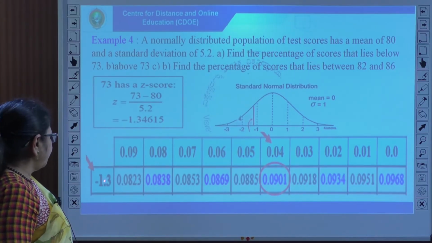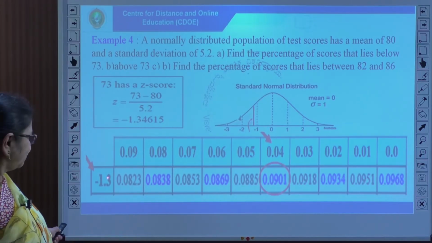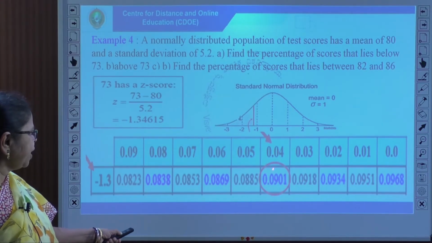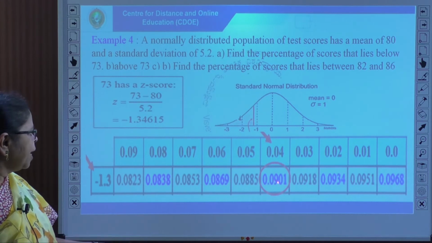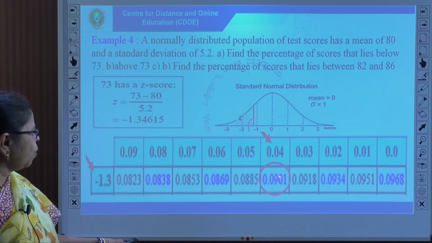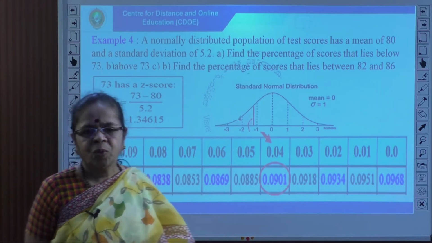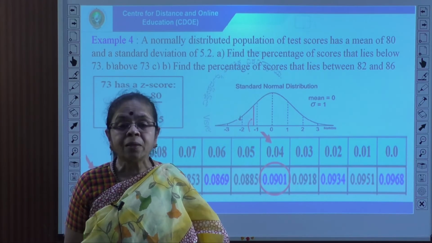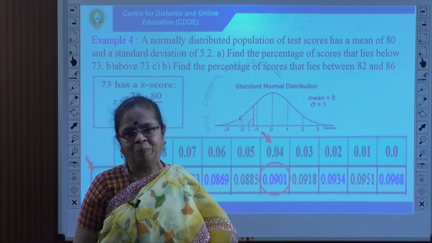So, minus 1.3 is here, you can see here minus 1.3 and 0.04. So, this entry corresponding to minus 1.34 is 0.0901. So, how much is that? That is the percentage to the left, that means less than.